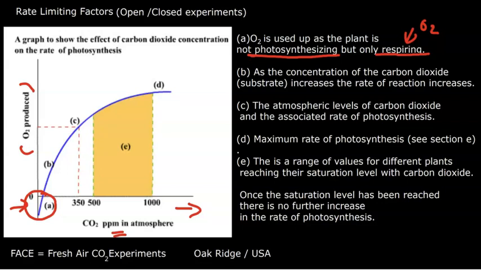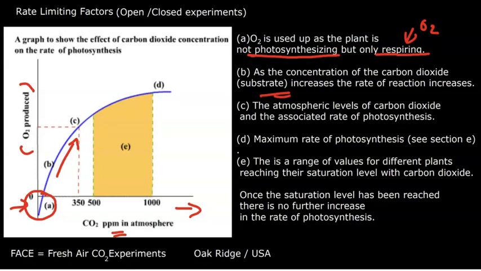So then section B, as highlighted here, is essentially referring to enzyme theory, in that we're increasing the substrate concentration, and so predictably we would see an increase in the rate of reaction as we do so.